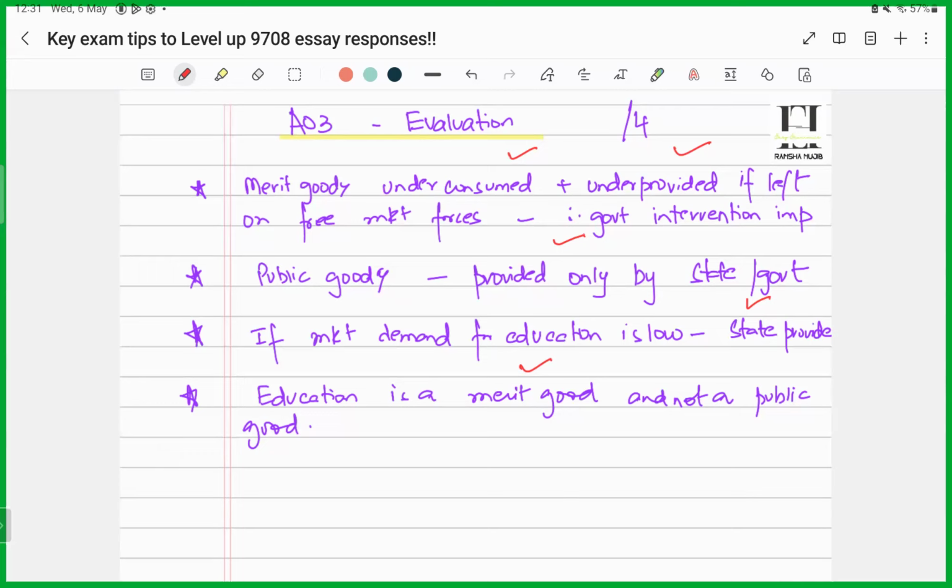Although it shares some features of a public good when it is heavily subsidized or provided by the state in nations where the population is highly educated, it does not fully meet the criteria of non-rivalry and non-excludability, which makes it a merit good and not a public good.